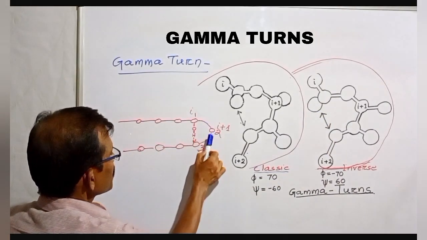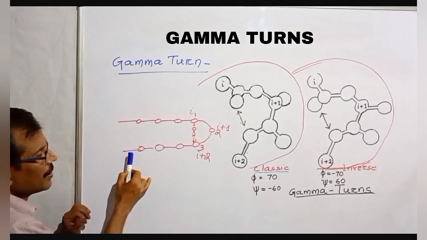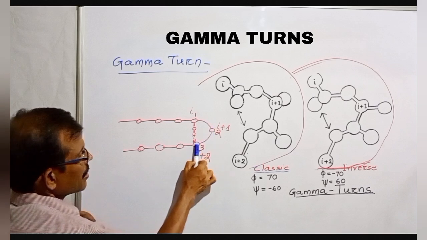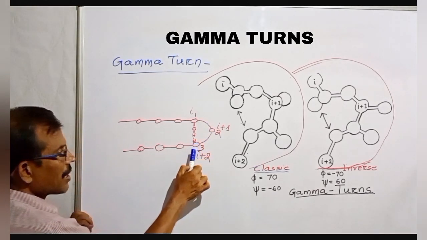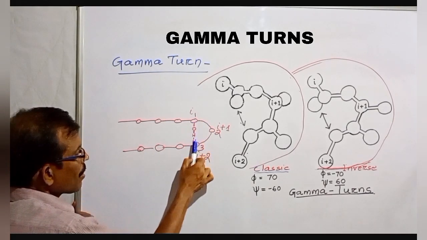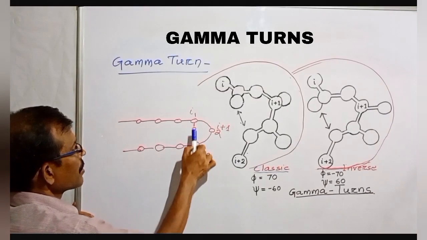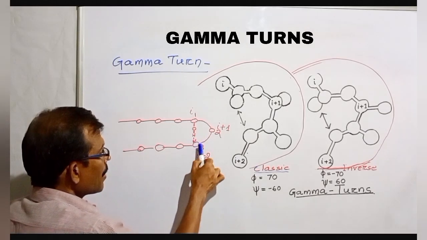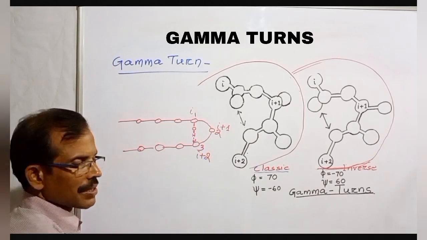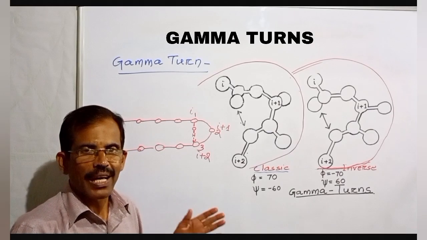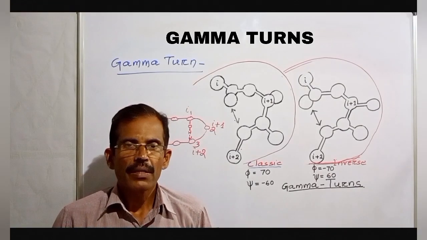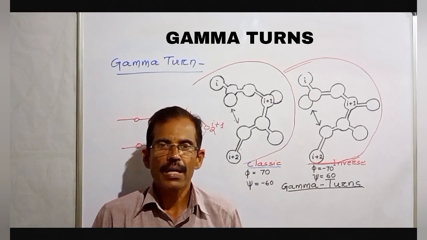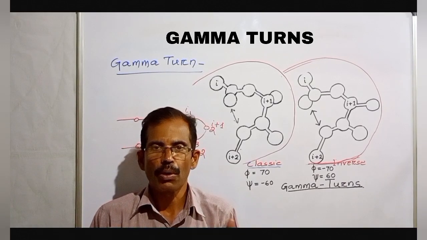This figure shows a part of the polypeptide chain, and here you can see that this is a short segment of three amino acids which constitute one gamma turn, and the inter-residue hydrogen bond is formed between the carbonyl oxygen of one amino acid and the amide hydrogen of another amino acid, which is two residues ahead in the sequence. So gamma turns are short segments of three amino acids stabilized by an inter-residue hydrogen bond.